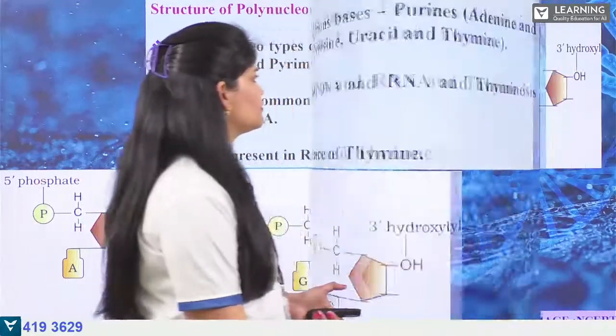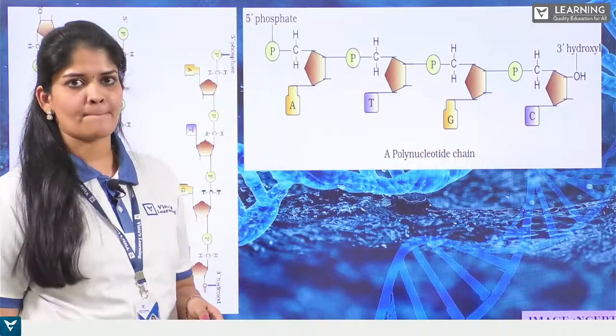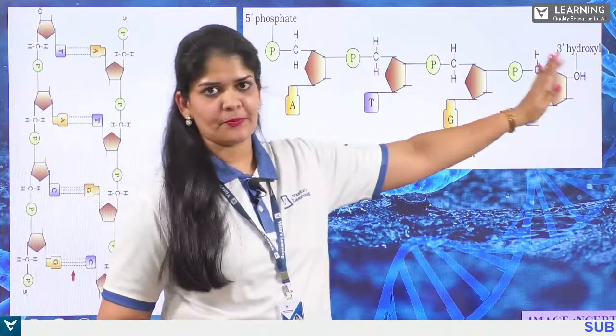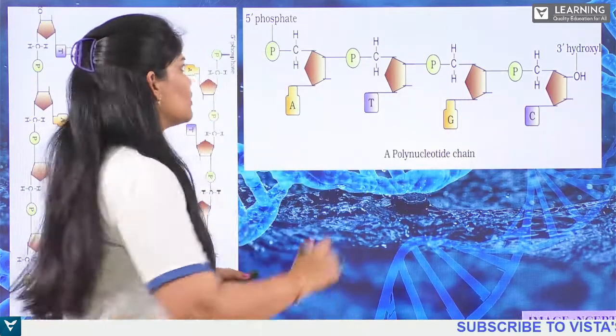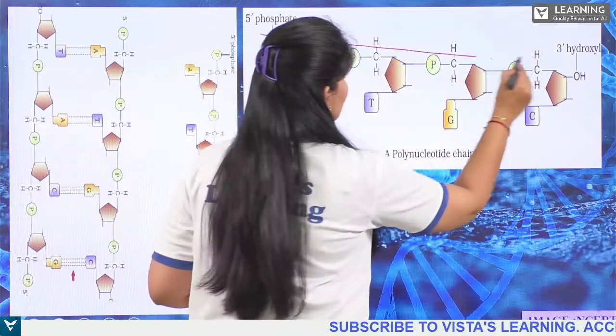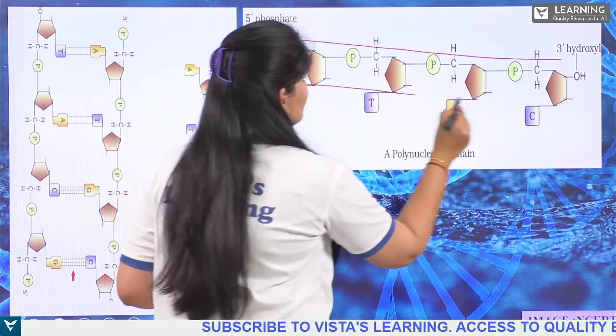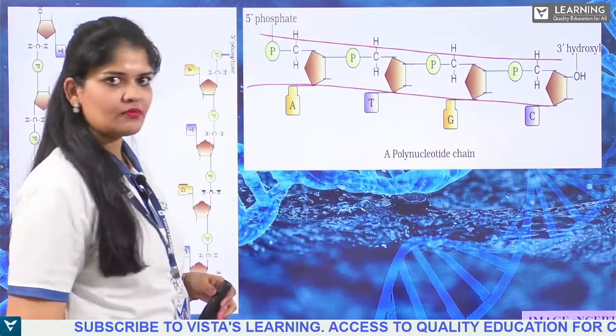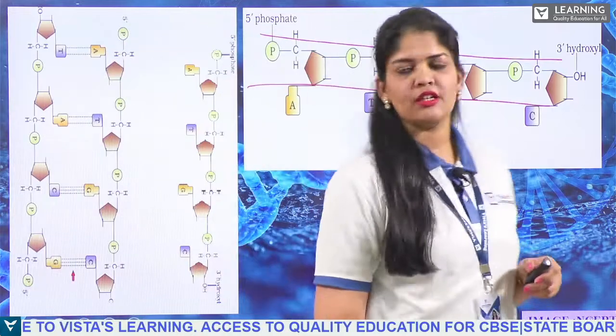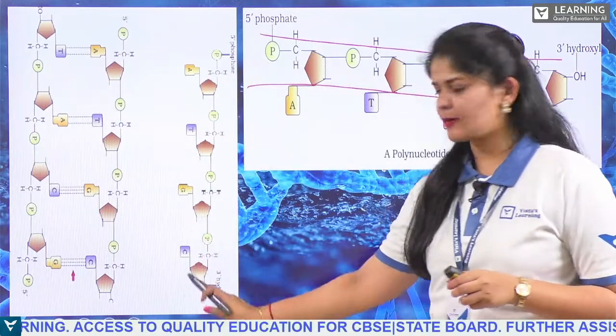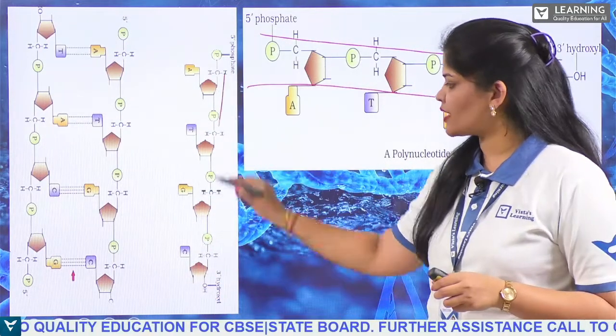Now, this is at one side, right? So, the backbone. This is one strand. If you make the same strand vertical, it will look like this, right? This is one strand.